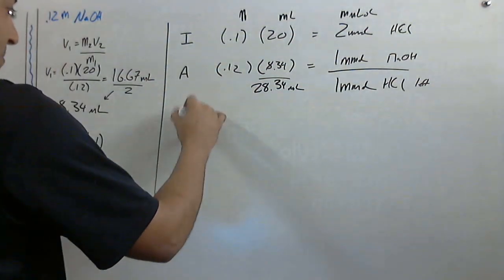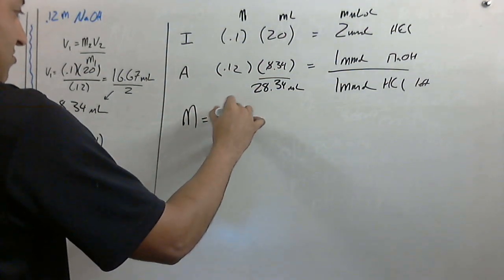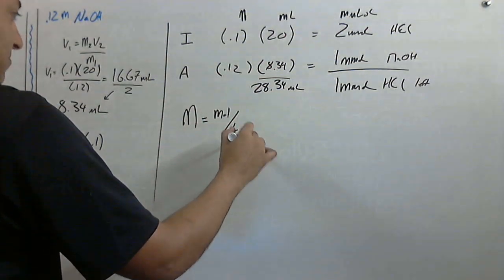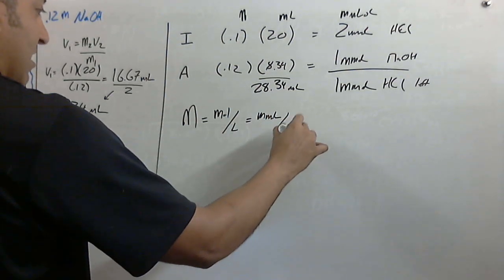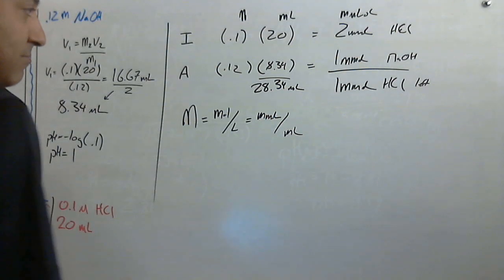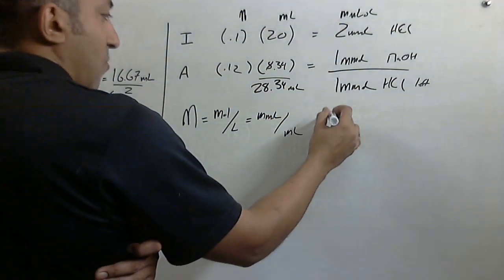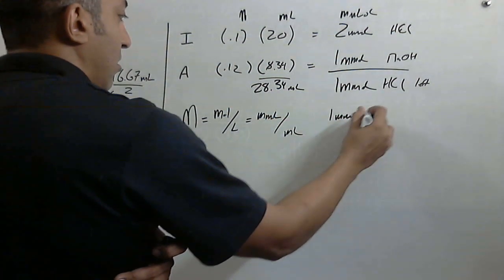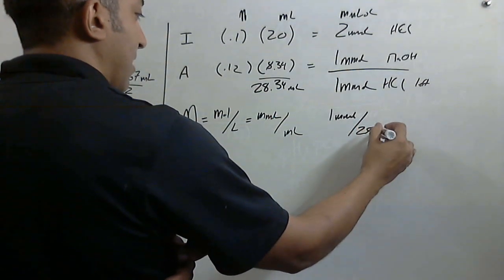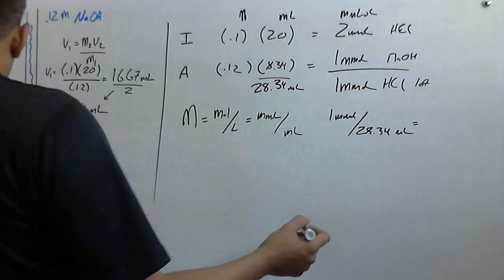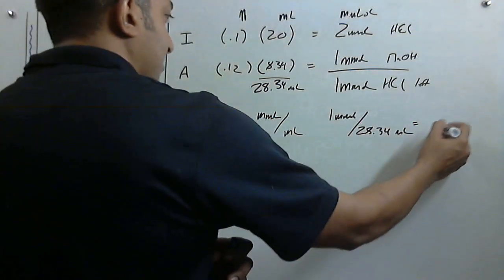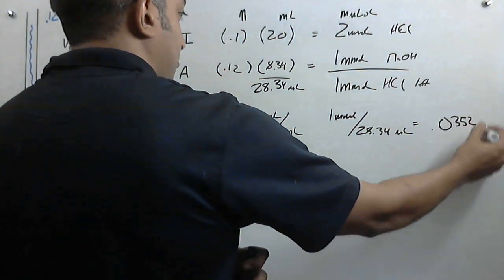So if we say our molarity equals moles over liters, or we can say millimoles over milliliters, same thing. We'll go 1 millimole over 28.34 milliliters, and we should be getting 0.0352 molar.